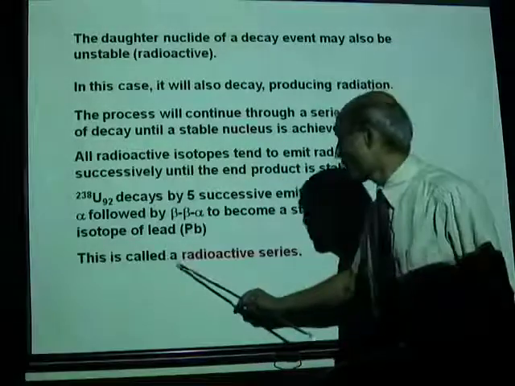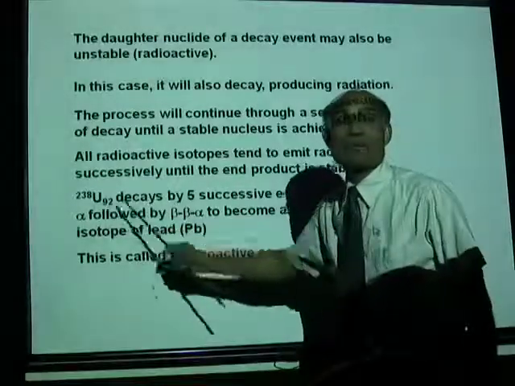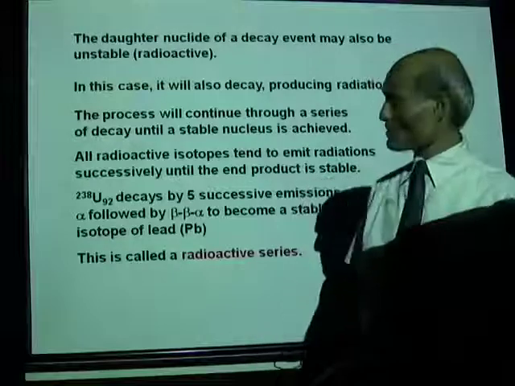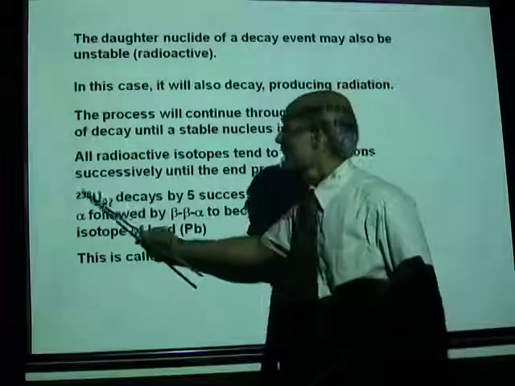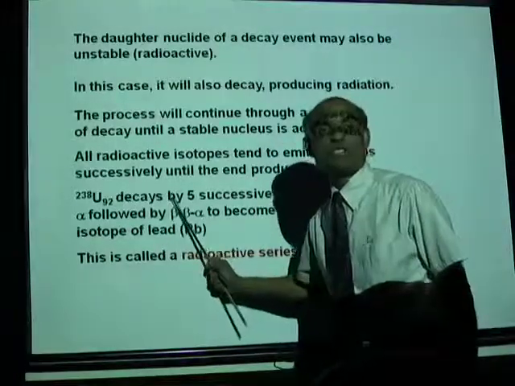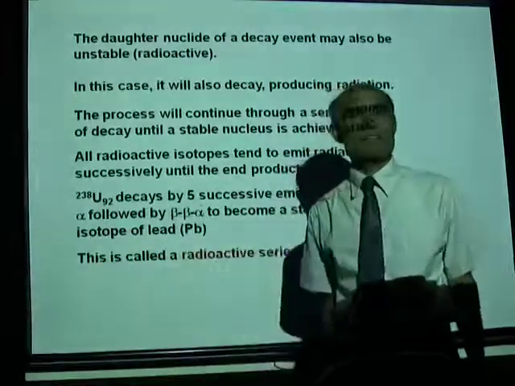This is called the radioactive series of uranium, or the uranium series. Do you want to write that down? When uranium-92-238 decays by emitting the first alpha, what is the daughter element? Can you write that down?